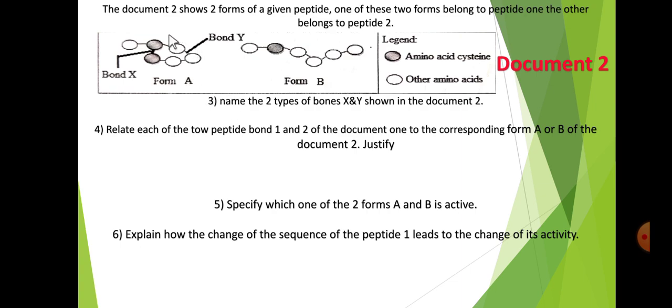So we have the peptide in form A and form B. One of them, form A or form B, belongs to peptide 1, and the other belongs to peptide 2, and we are going to guess which one belongs to which. It says the black colored amino acid is cysteine, and here we have the other amino acid.